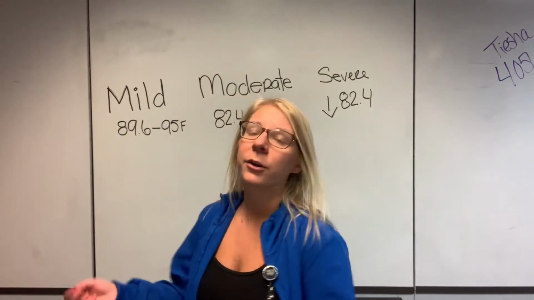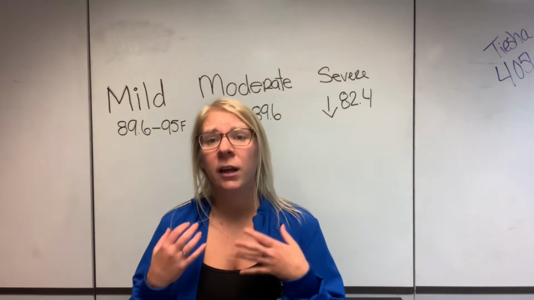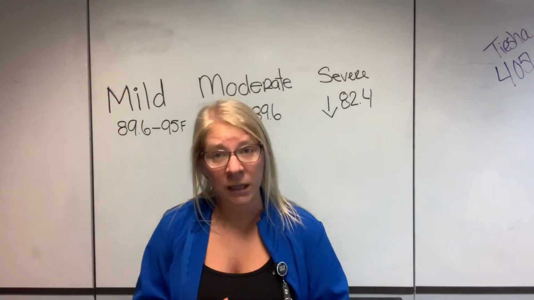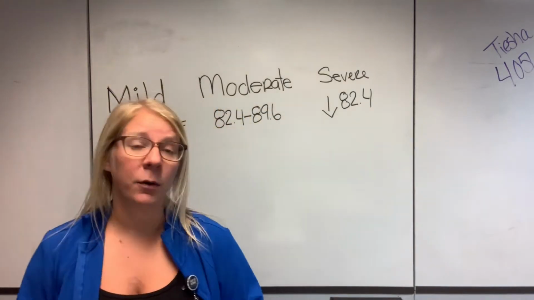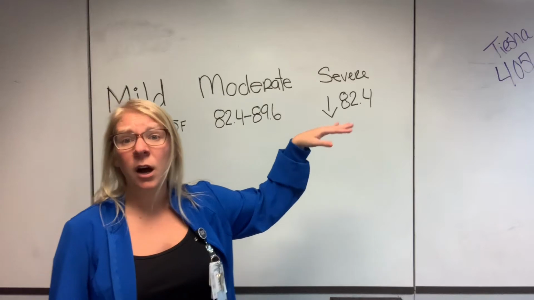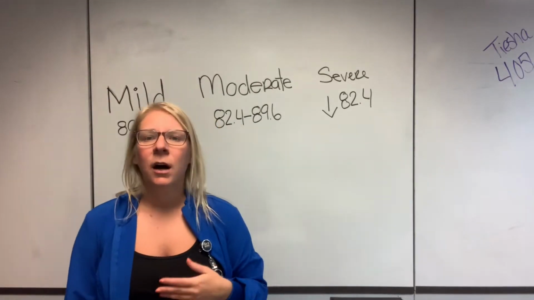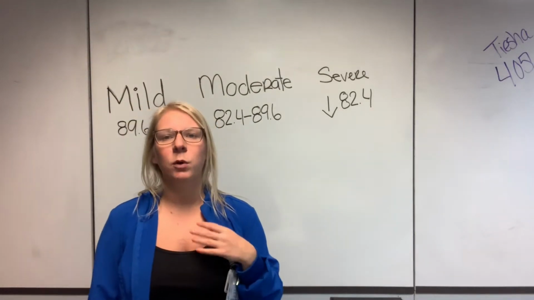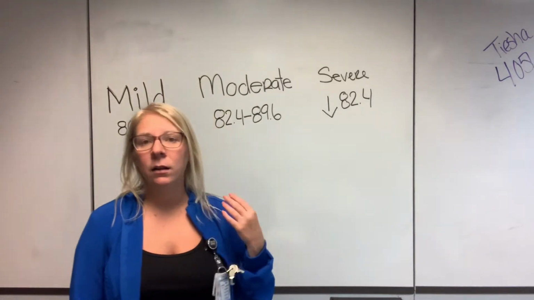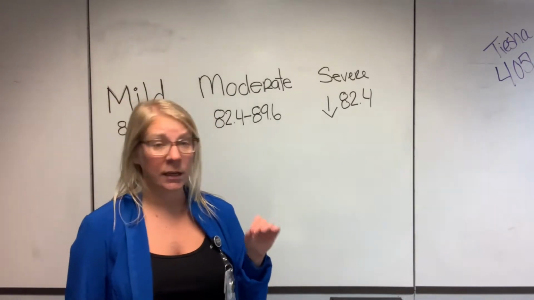Within these 3 different stages, your patient is going to present differently. With mild hypothermia, you'll have patients that are really shivering, their skin is very pale, and they're very cold to touch. Moderate hypothermia is going to be the patients that are already exhibiting some sort of altered mental status. There's a little less shivering, a lot more slurred speech. They aren't able to get their words out as much, and a lot less fine motor skills.